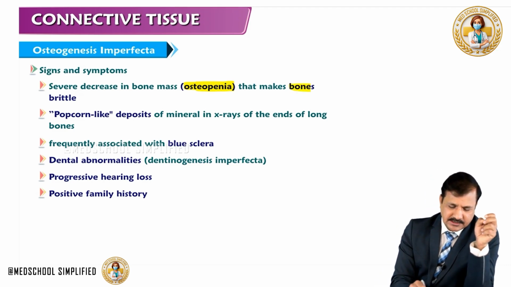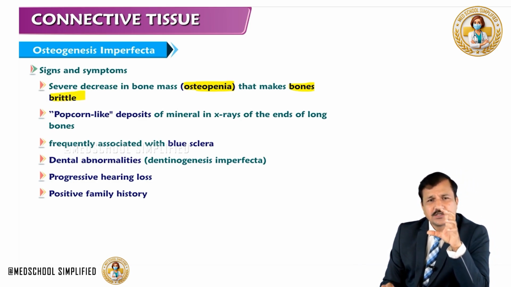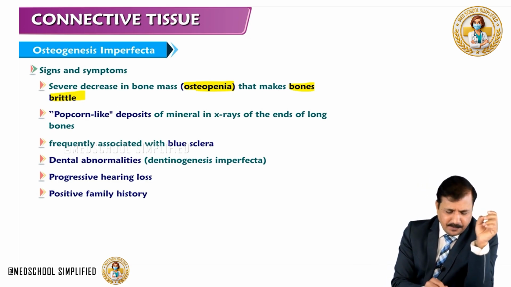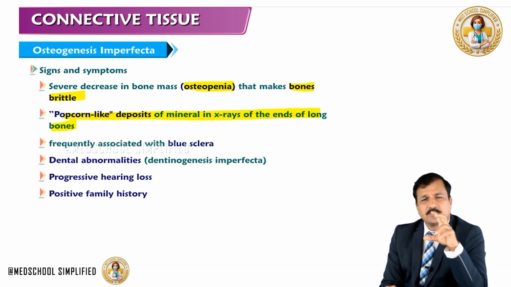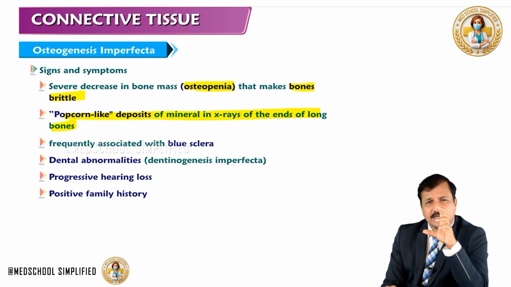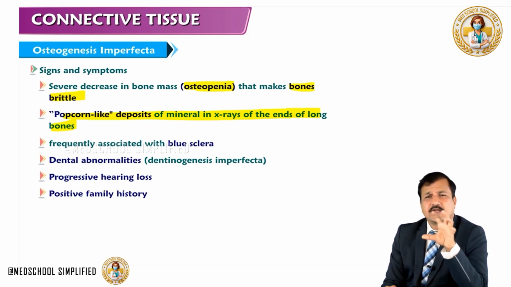That's why this disease is referred to as brittle bone disease. Also, the appearance of popcorn-like deposits of minerals in the X-rays of the ends of long bones is one of the signs seen in osteogenesis imperfecta, and that is an ominous sign, meaning it is a dangerous sign, indicating that it's a severe condition.